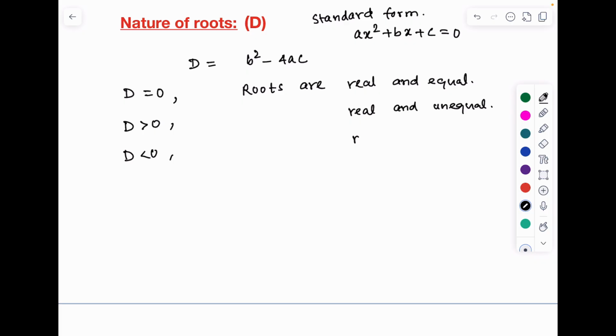If D is less than 0, we will find roots are not real, and you will see it is complex. What is not real? Root is not real.